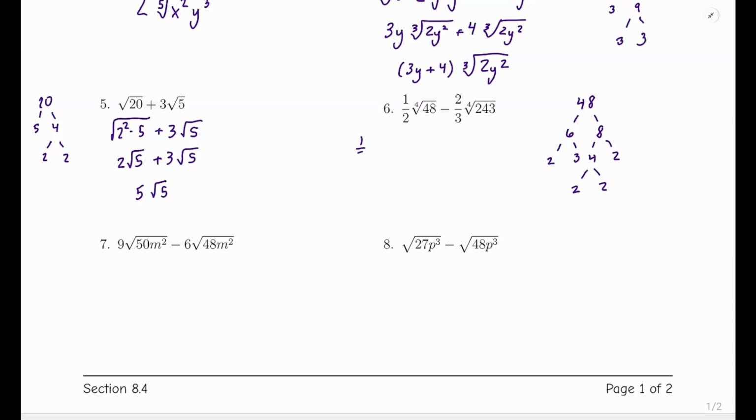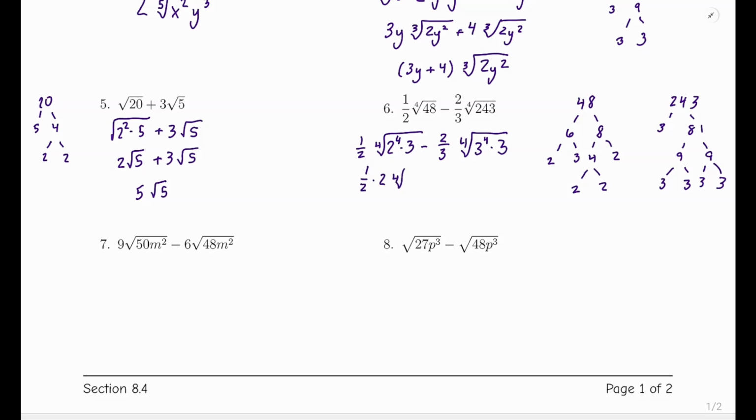So 48 becomes the fourth root of 2 to the fourth times 3, and then 243 becomes the fourth root of 3 to the fourth times 3. So this is 1/2 times 2 fourth root of 3 minus 2/3 times 3 fourth root of 3.